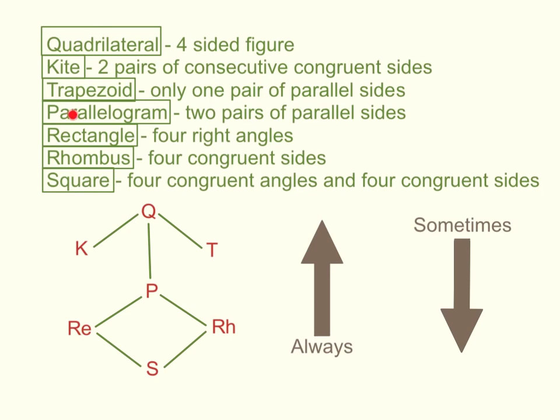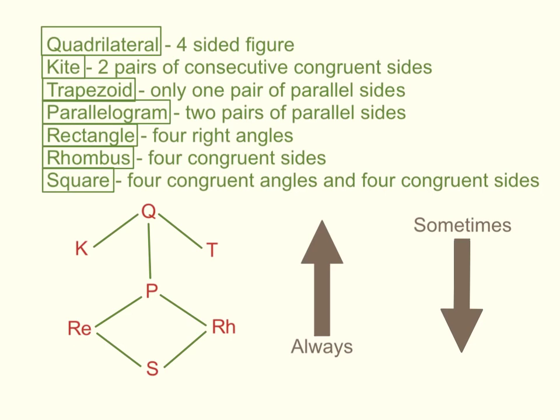But the parallelograms are the quadrilaterals where there are two pairs of parallel sides, and that's why they're here in the middle, because there are other types of parallelograms. These parallelograms again have two pairs of parallel sides. Well, these parallelograms break down into two different types. We have the parallelograms that have four right angles, and we call those rectangles.